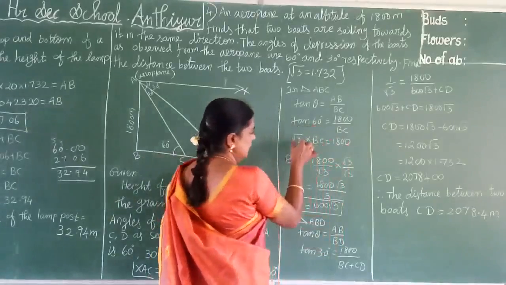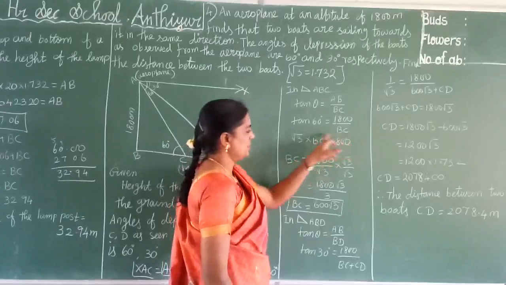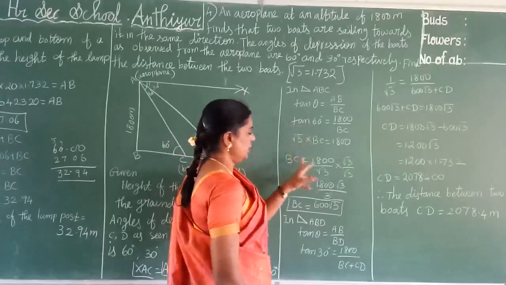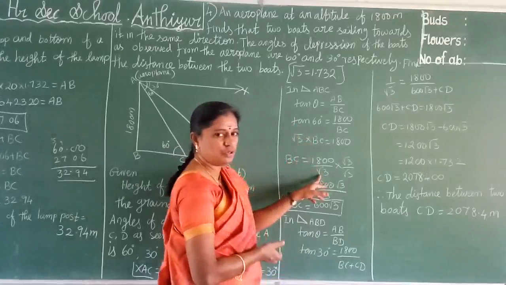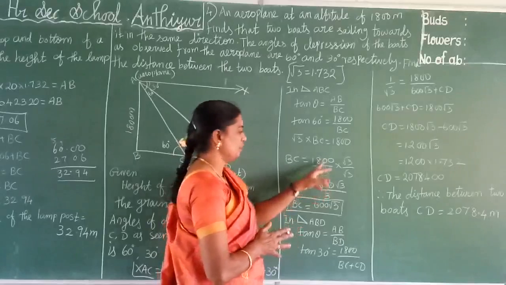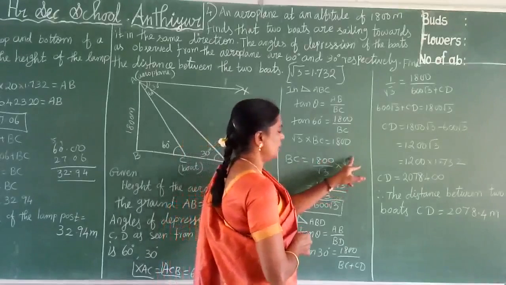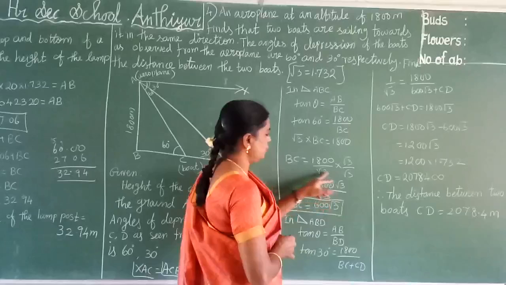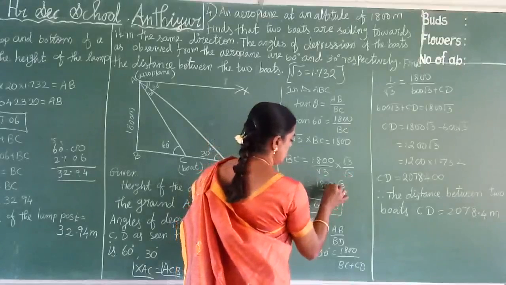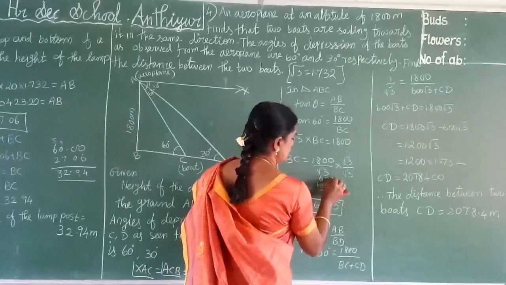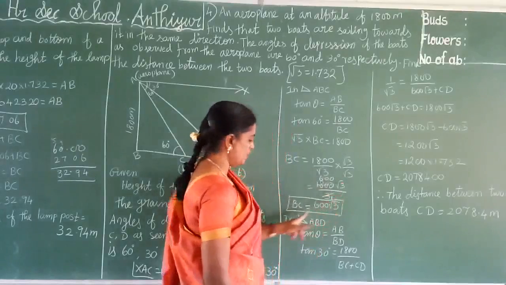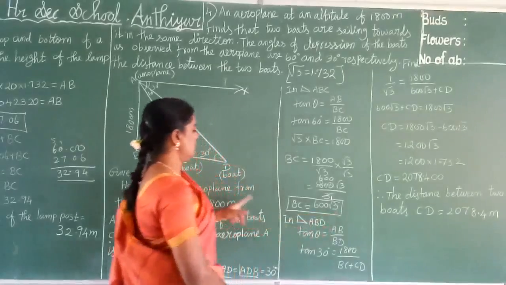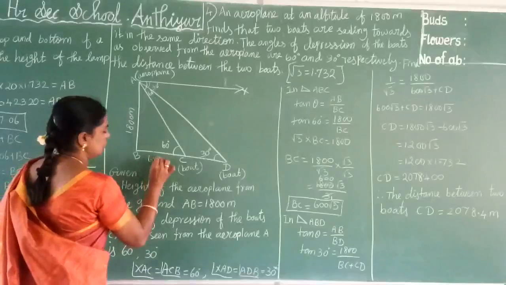The table value of tan 60 is √3, so √3 equals 1800 by BC. BC equals 1800 by √3. Here the rationalizing factor is √3 by √3. So 1800 into √3 by √3 into √3, which is 3. 3 ones are 3, 3 sixes are 18, so 0, 0. So totally 600 root 3. BC is equal to 600 root 3.